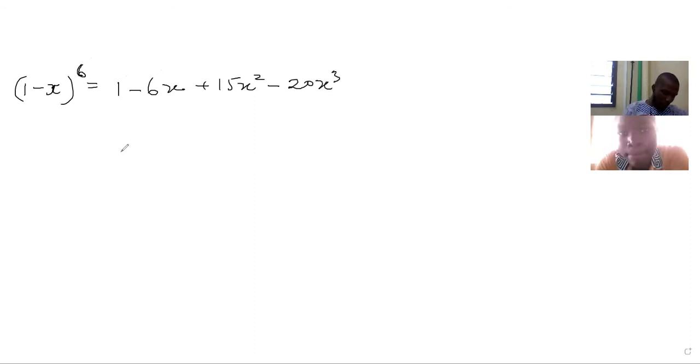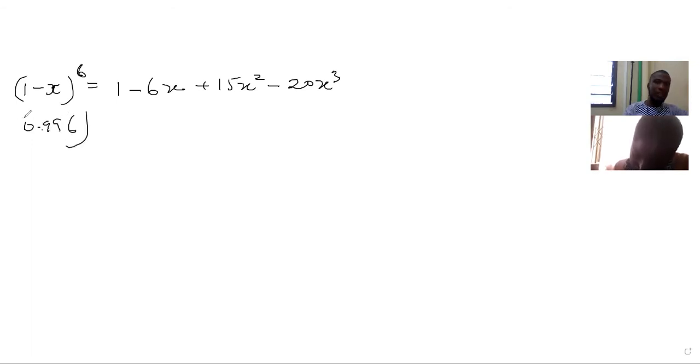Good. So now we are going to express 0.996 exponent 6, converting to two decimal places. Our main aim here is to express this to look like this without changing the value.